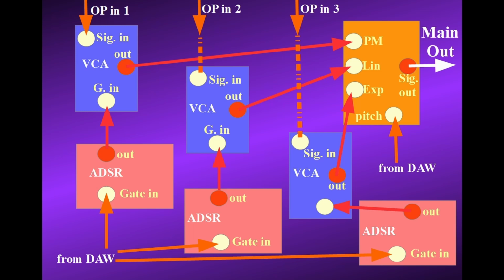I want to play the whole patch with my MIDI keyboard later, and therefore I take all needed gate signals and the pitch from my DAW. The whole patch is going to have 4 of these operators, which I can then patch in series or parallel or partly in series and partly parallel.